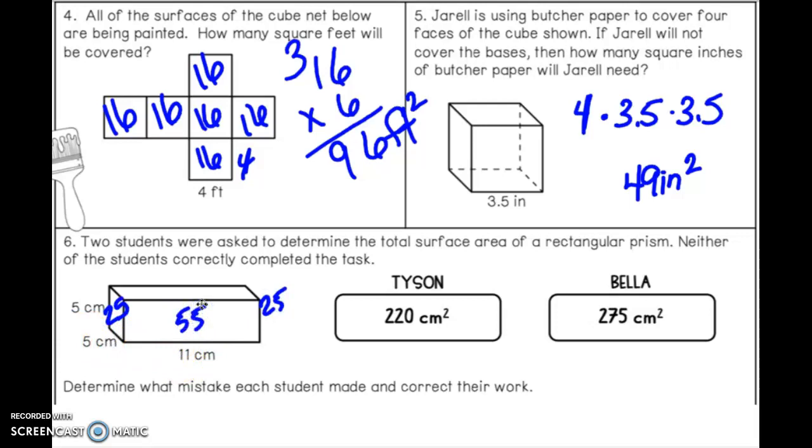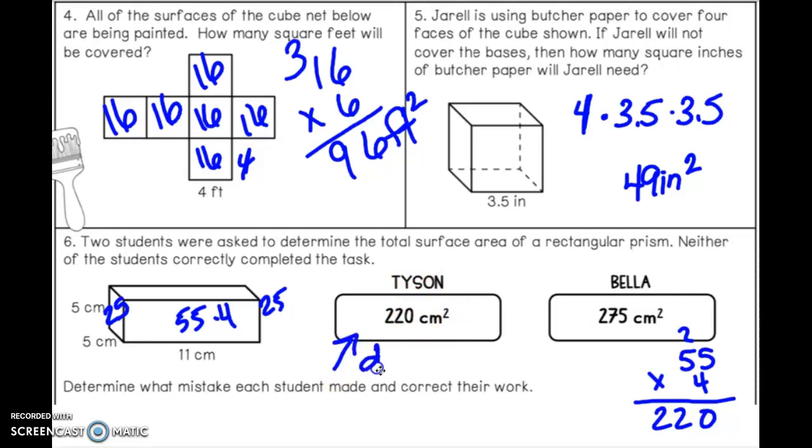So we have 55 4 times. Okay? So the total surface area, if we do this all out, is 55 times 4, and that's 220. So because I figured that out right away, what did Tyson do wrong?